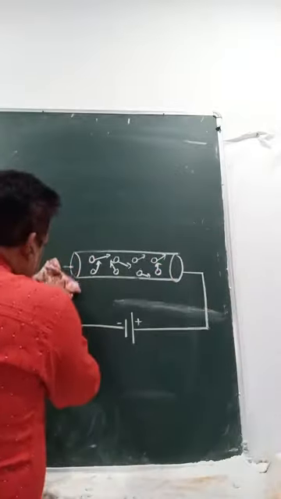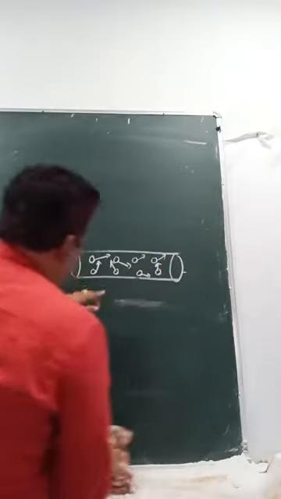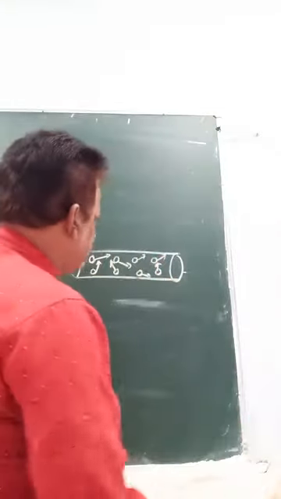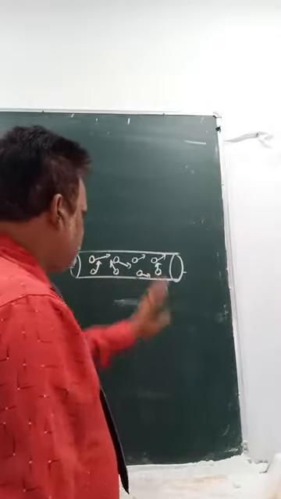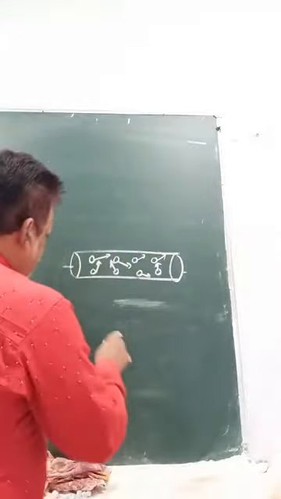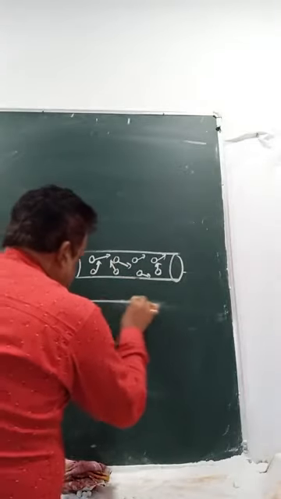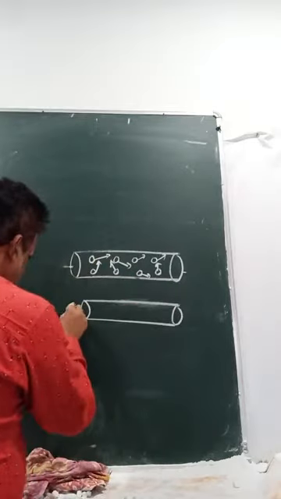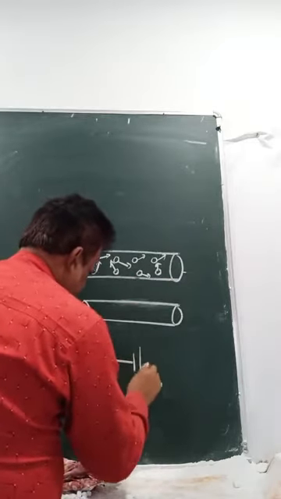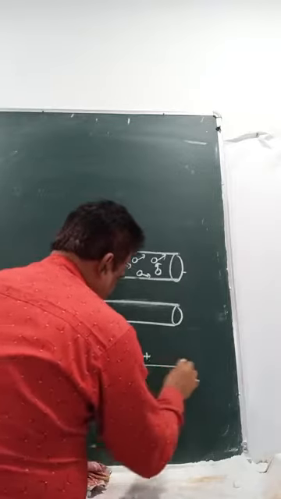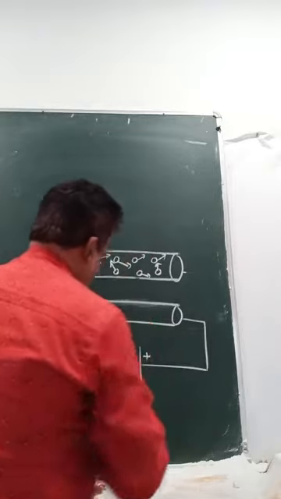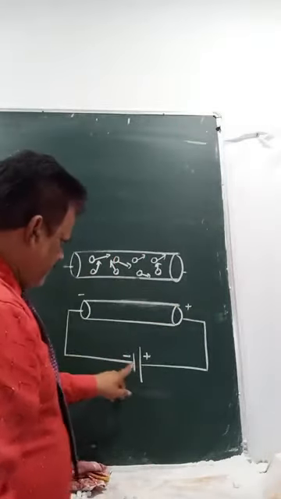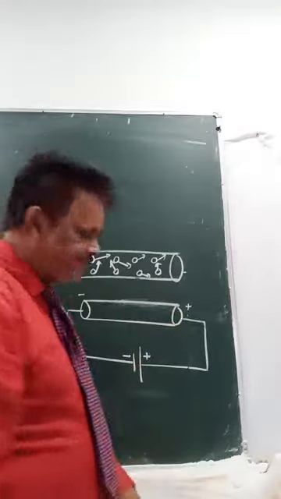So I should draw another diagram for this. When the conductor is not connected to a circuit, the electrons are in a haphazard manner. If I connect this conductor to a cell, this is your positive, this is negative.